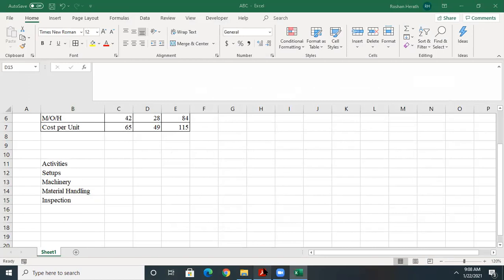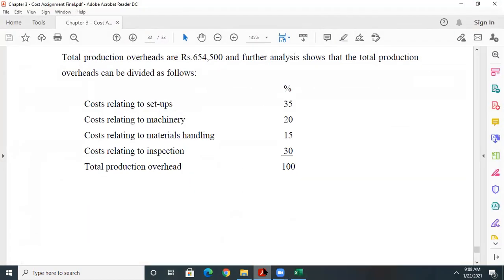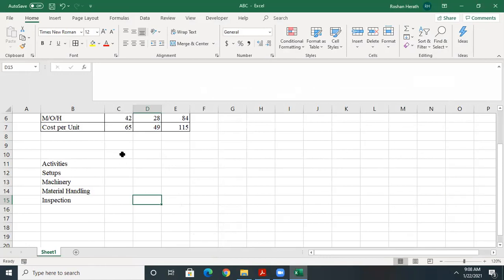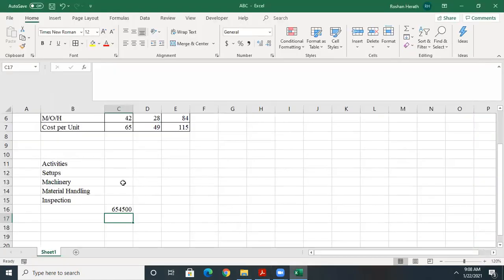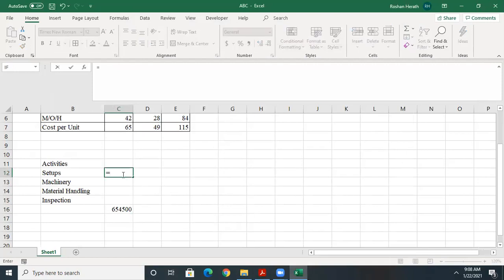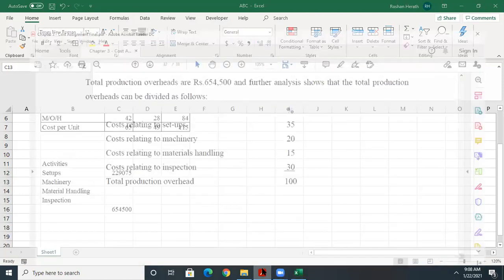Then we have total production cost 654,500. So we can divide them according to the percentage. It was 35% over here, so it's 229,075.